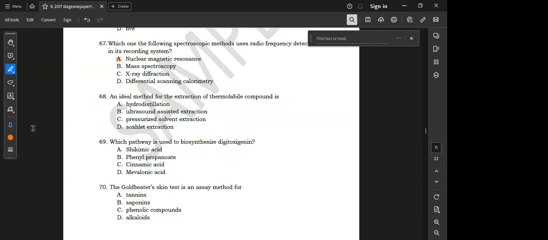I think so. I went for B because I thought there's no heat, but I'm not too sure. Pressurized uses pressure, but that will also affect the thermolabile compounds. I agree with the ultrasound.